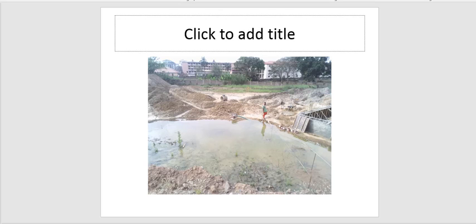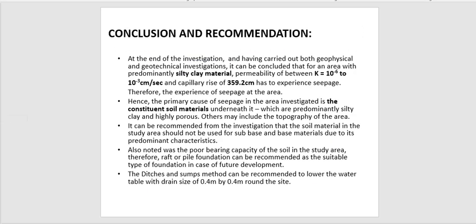Okay, so can I draw a conclusion from the tests conducted at the site? After doing all those tests, I came up with something. At the end of the investigation, having carried out both geophysical and geotechnical investigation, it can be concluded that an area with predominantly silty clay material, permeability of K equal to 10 raised to power minus 6 to 10 raised to power minus 3 cm per second, and capillary rise of about 359.2 cm, has to experience seepage.